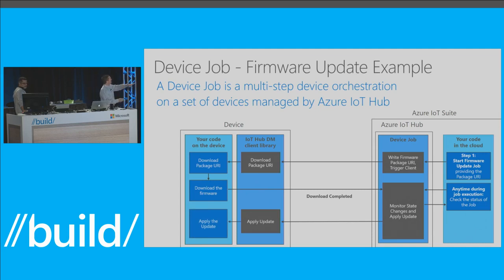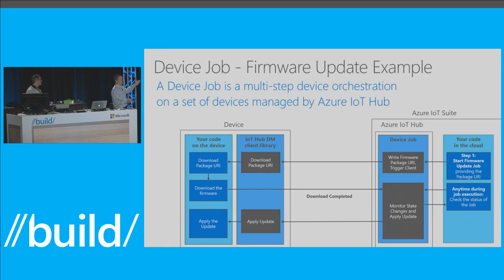And so this monitor state changes tells the device management code, that is the Azure device management, hey, tell the application code, the event code, to go and apply the update. And then your code does the flash, okay? My fear is that this gets overly complicated, and I hope it's not.